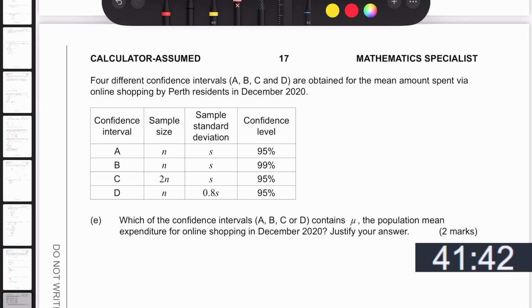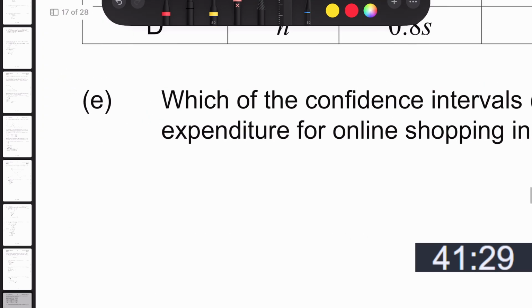4 different confidence intervals are obtained from the mean amount spent via online shopping per resident since December 2020. Which of the confidence intervals contains the population mean? Undecidable, or cannot be determined.